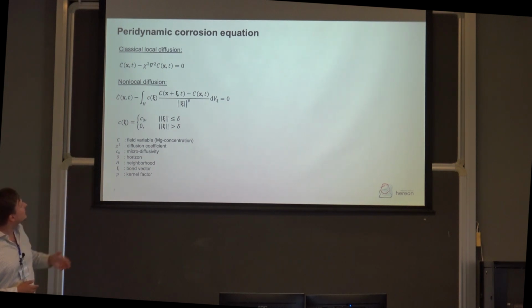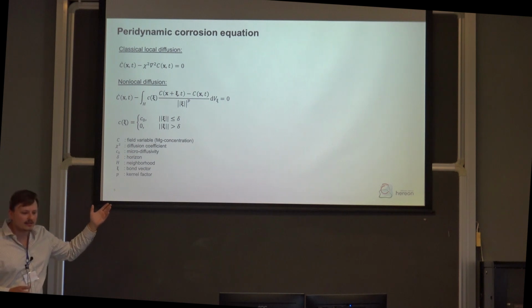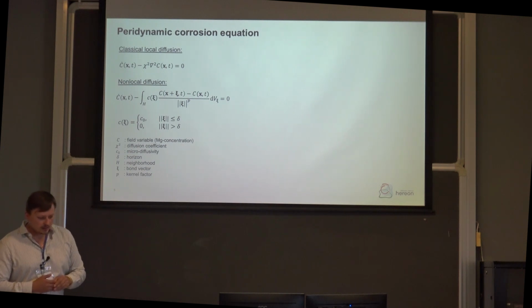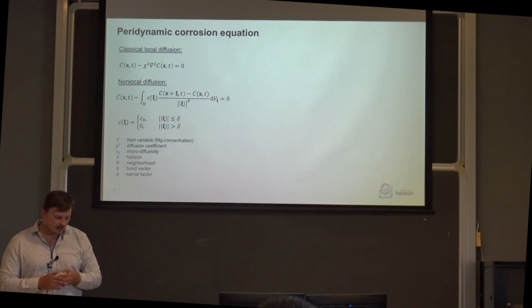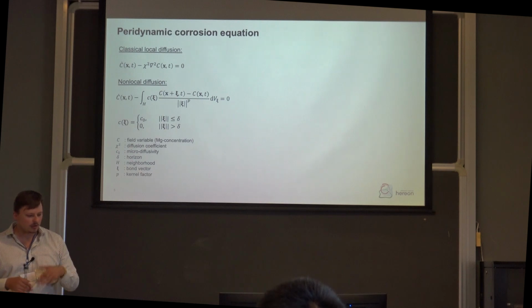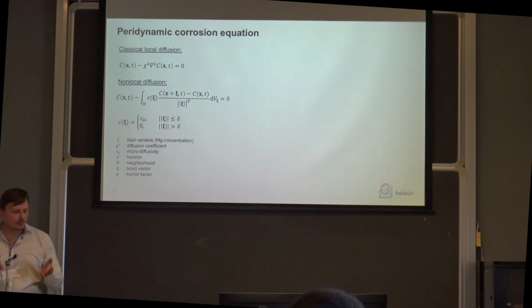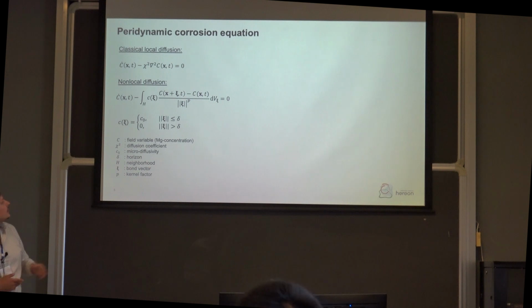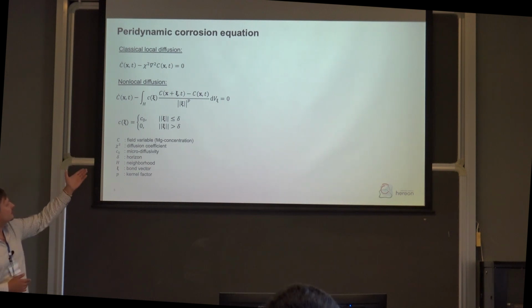In classical local diffusion, which we also use if we are considering diffusion-driven corrosion problems, we have the concentration field variable, called C. This would be for us in the biomaterial approach the magnesium concentration in the field. And in the classical local diffusion, we have the Laplacian term. In the non-local diffusion, the idea is very similar again: we replace the local derivatives, the Laplacians, with non-local operators. So we have the integral operator instead of the Laplacian operator, which takes a form similar to this.